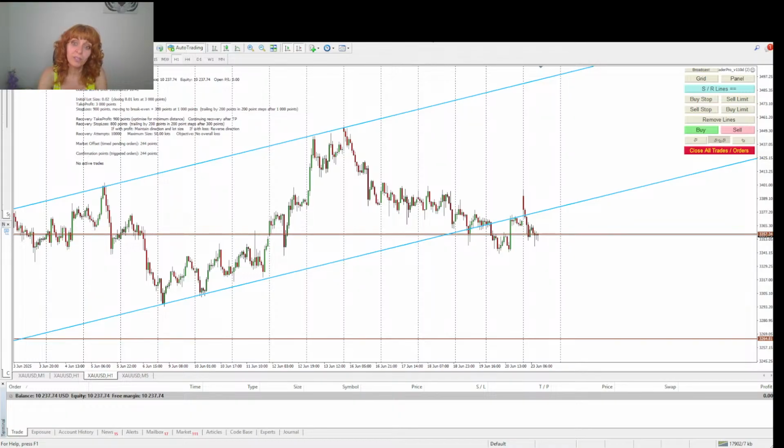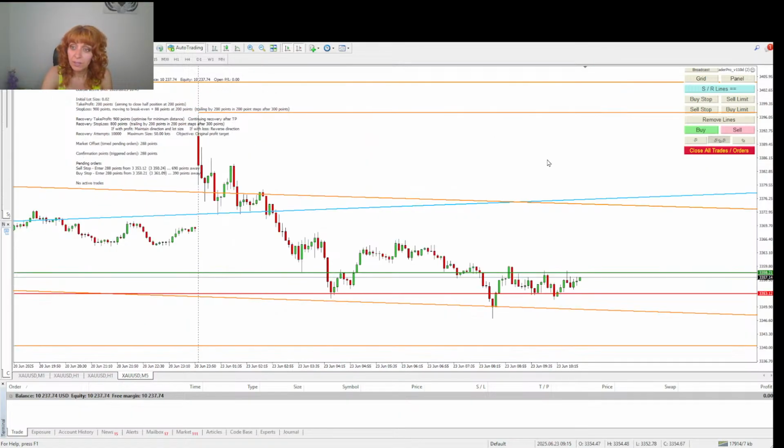So for example, one EA can run a fully automatic system, another EA can place a bigger lot, smaller lot, bigger take profit, smaller take profit, no take profit, just a trailing stop, for example, and trade it like this.